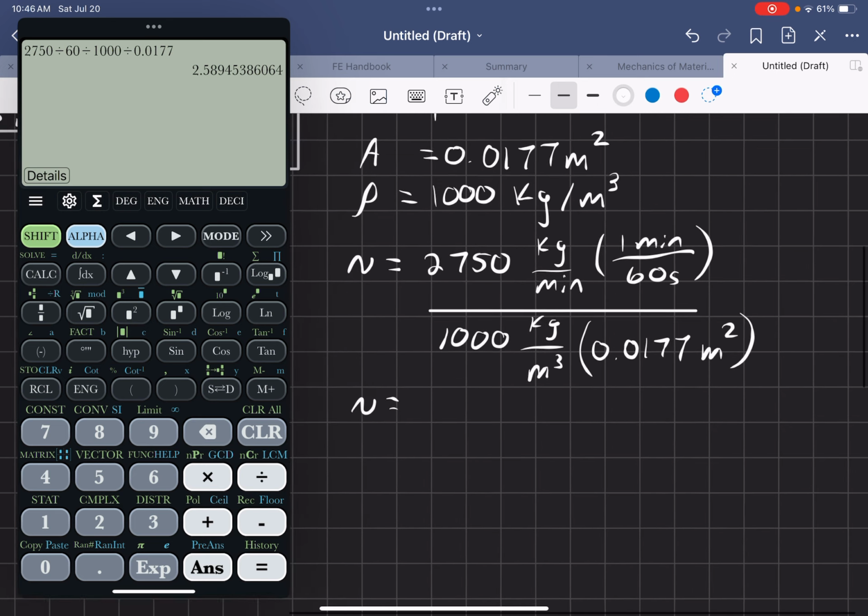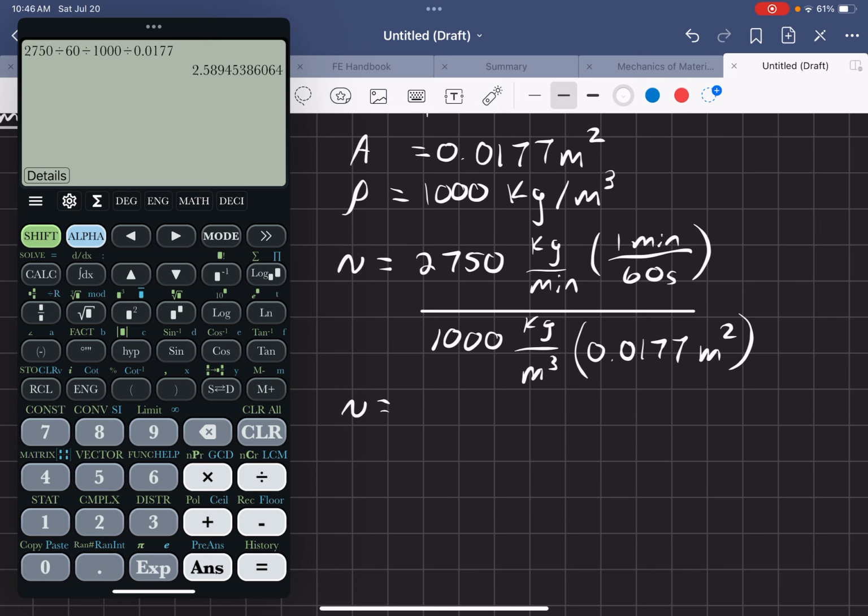This is going to be 2.59. Let's just check my units. The minutes cancel. Kilograms cancel. The square meter cancels 2 of those, so we have 1 meter here, 1 inverse meter in the denominator. So overall, this will be in meters per second.